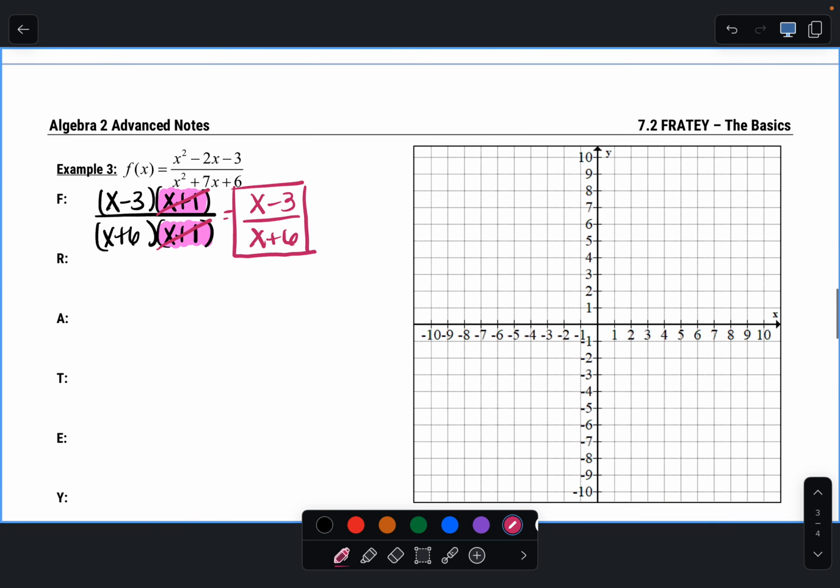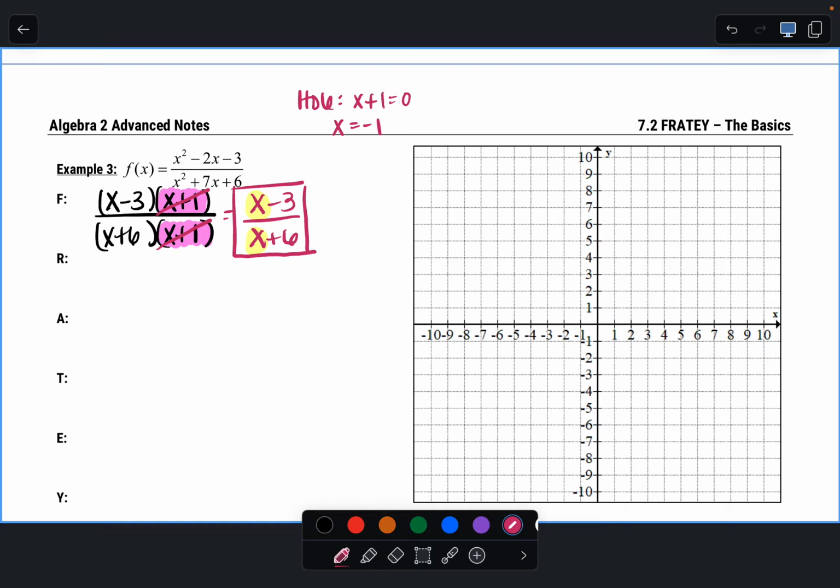So if I take x plus 1 and set it equal to 0, what do I get? X equals negative 1. Now I need to take that x equals negative 1 and substitute it in where I see x.